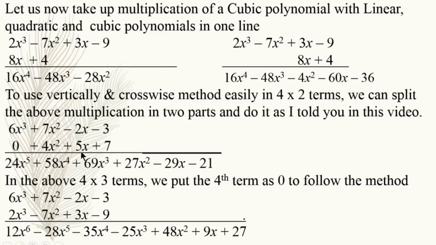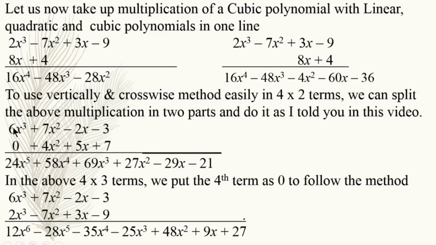Then we have to cross multiply these two values and vertically multiply these two values. So we get here 30x raised to the power 4, no value from here, and 28x raised to the power 4. So 30 plus 28 is 58x raised to the power 4. Then we have to cross multiply these two values and cross multiply these two values and get 4 values.